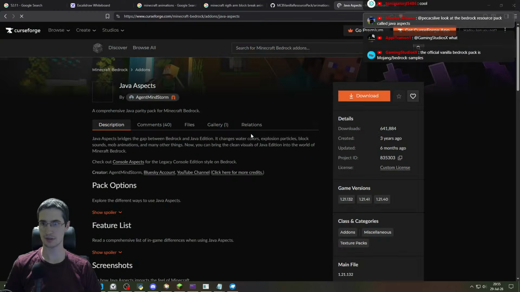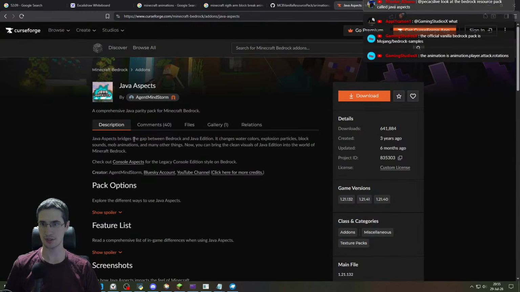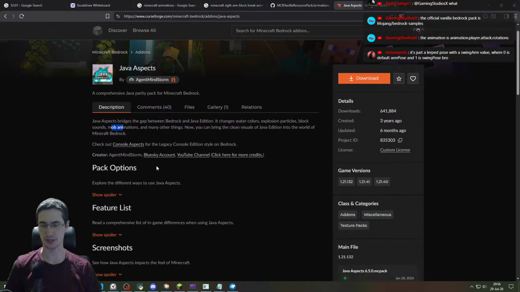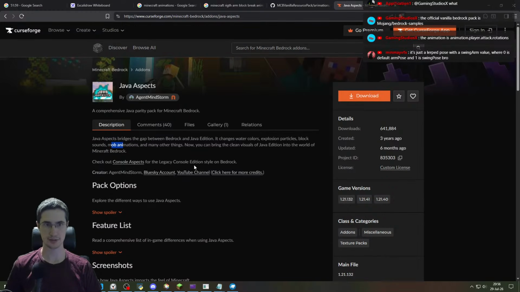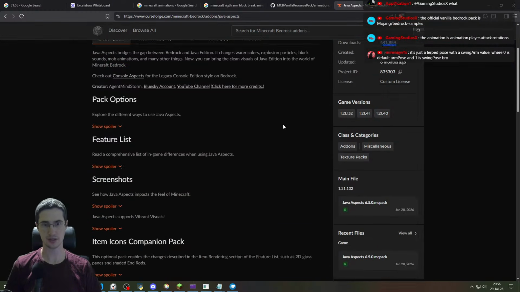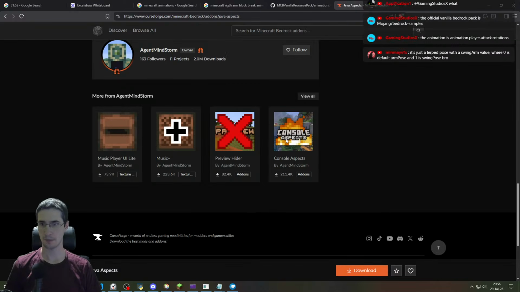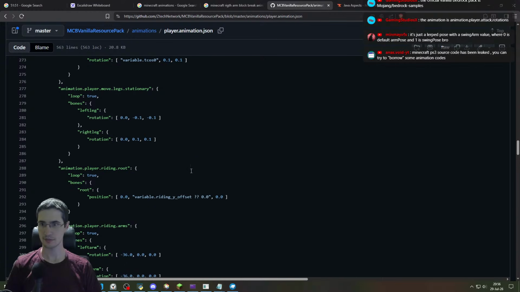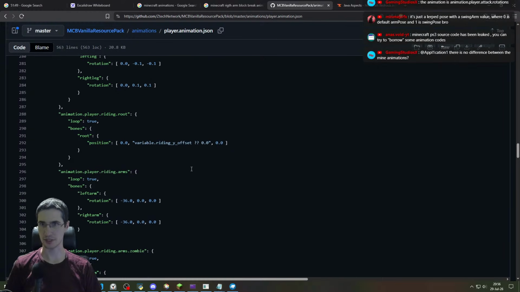Bring a gap between Bedrock and Java. Changes watercolors, explosion particles, mob animations, many other things. 3 years ago, 500,000 downloads. I want to look at this file because it has potential.